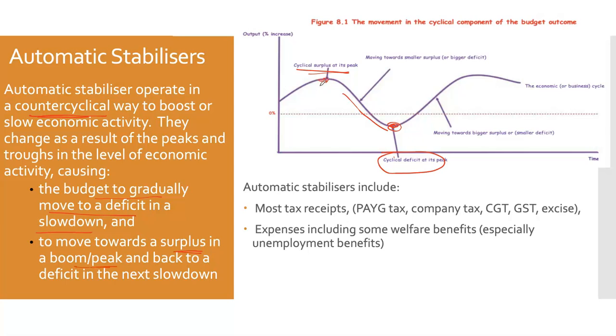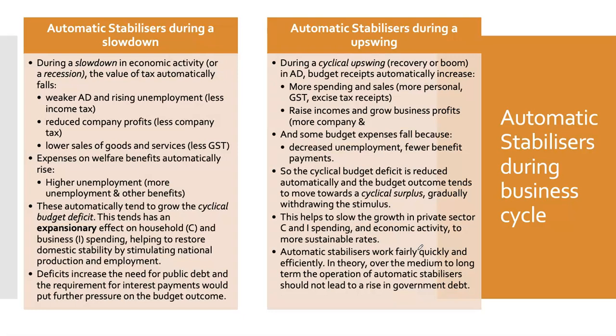So what are some of the automatic stabilizers? And we'll talk about this a bit more. Most tax receipts are automatic stabilizers. And most expenses that include welfare benefits are also automatic. So these things are influenced because of the business cycle without any deliberate decision by government. So what is going to happen in an automatic stabilizer?